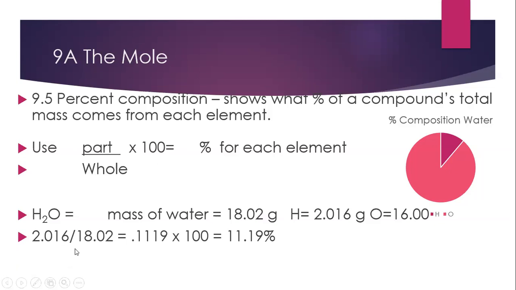Part hydrogen divided by the whole of water gives us 0.1119, and we multiply by 100, which moves the decimal point into the place for percentage, 11.19%. So out of 100%, 11.19% is hydrogen. We do the same thing for oxygen. 16 divided by 18.02, we come up with 0.8879, times 100 moves it into a percent, 88.79%.